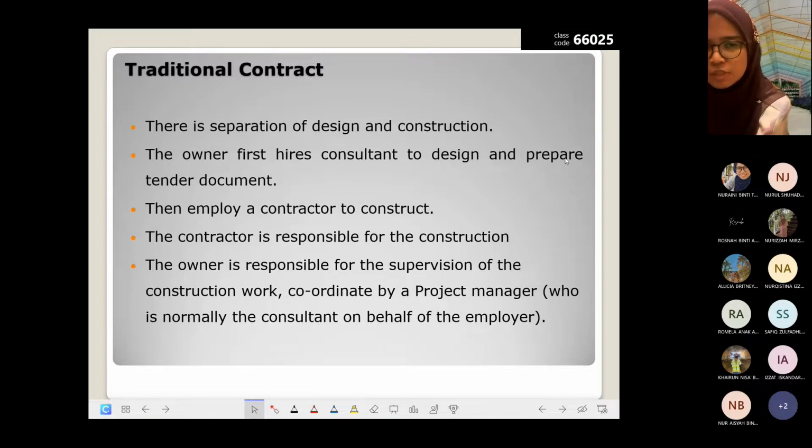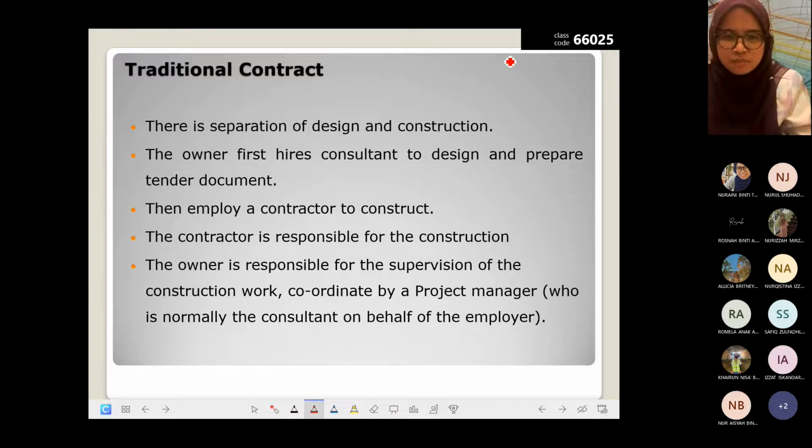Okay, so traditional contract, there is separation of design and construction. So ada split lah, design will be done by the consultant. Construction will be done by the contractor. Okay, so owner, the client, we hire the consultant. So let's start macam ni lah.